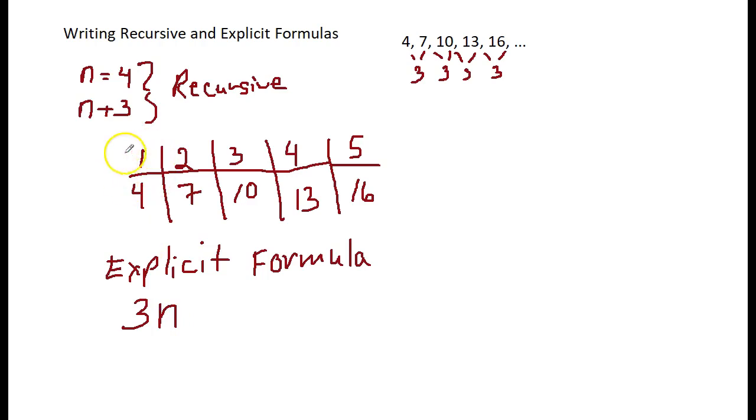When n is 1, 3 times 1, plus 1 more. This is my explicit formula right here: 3 times n plus 1, because these numbers are multiples of 3 with 1 added to them.